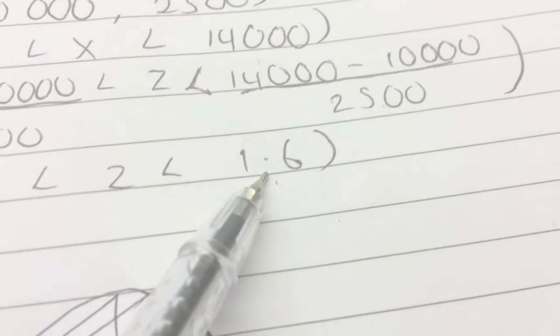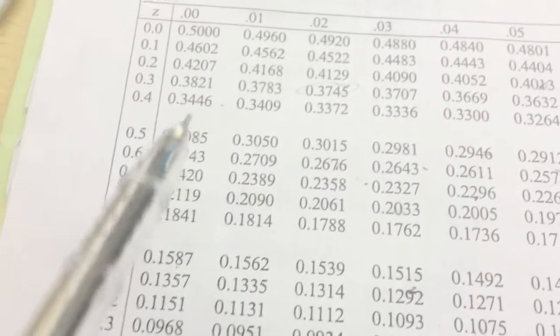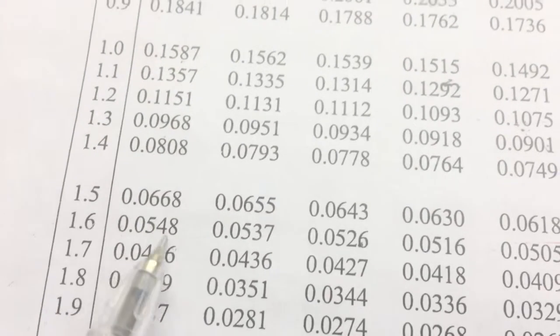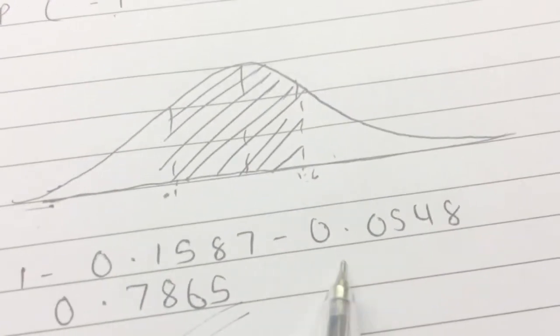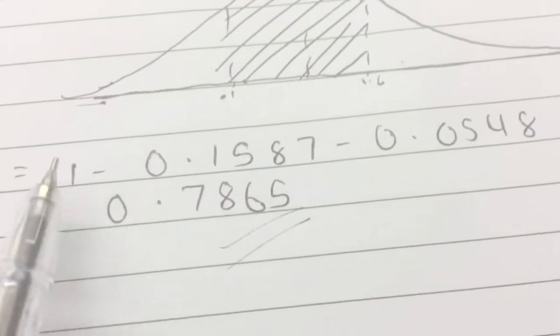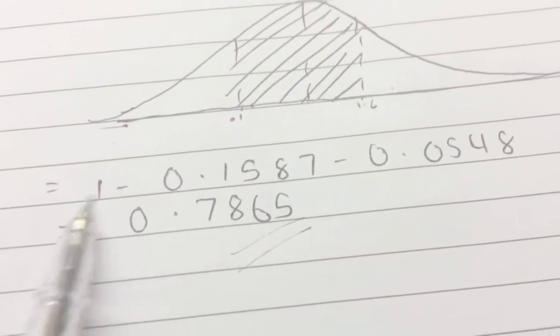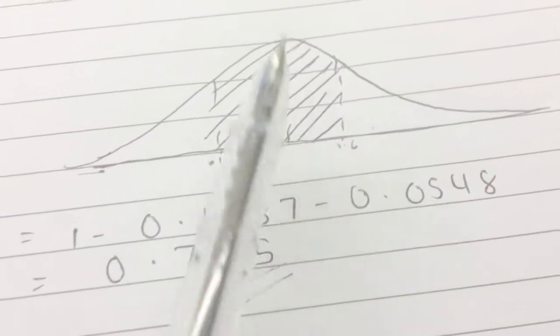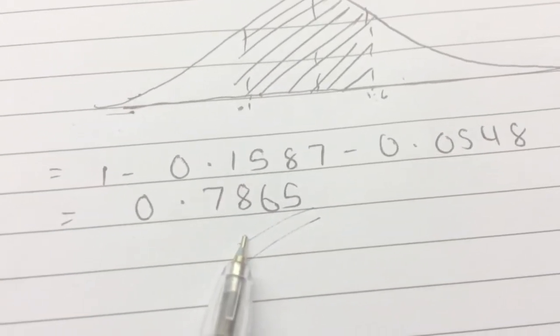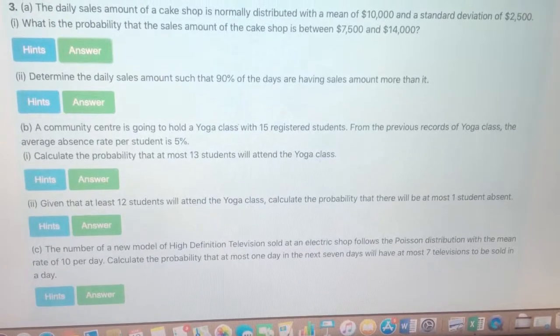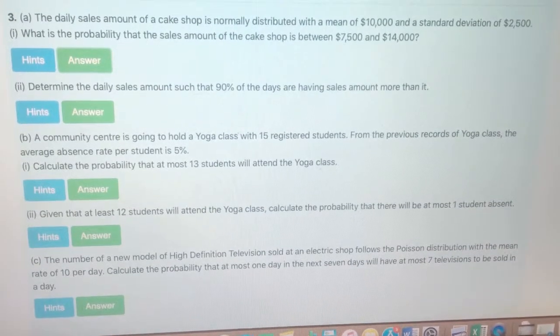For 1.6, you check the table, which is 0.048. You subtract these two probabilities from 1 because we are finding the area of this part, and then you get the answer 0.7865.